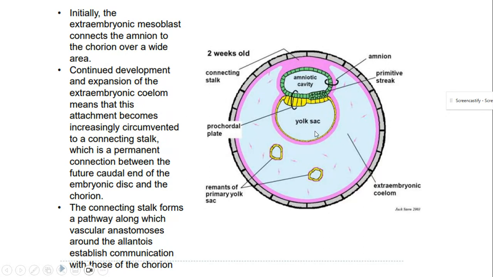So here we have the yolk sac, we have the amniotic cavity, and this thing is the amnion. We actually have a primitive streak that's developing. We also have extra embryonic coelom. This is extra embryonic coelom, right? Connecting stalk. This here is the connecting stalk. This happens in 2 weeks, okay?